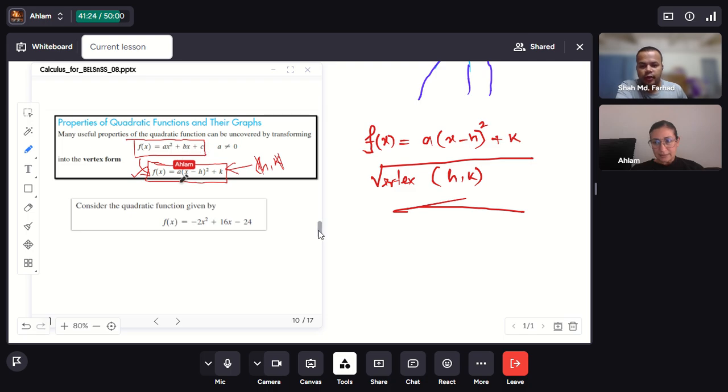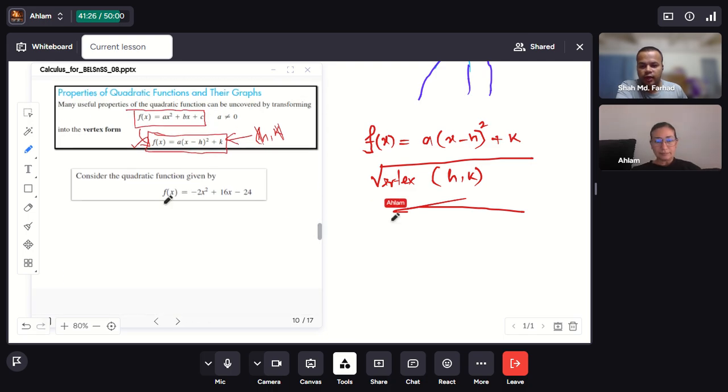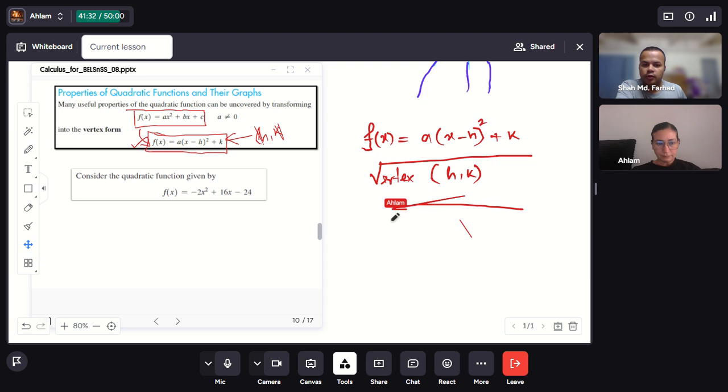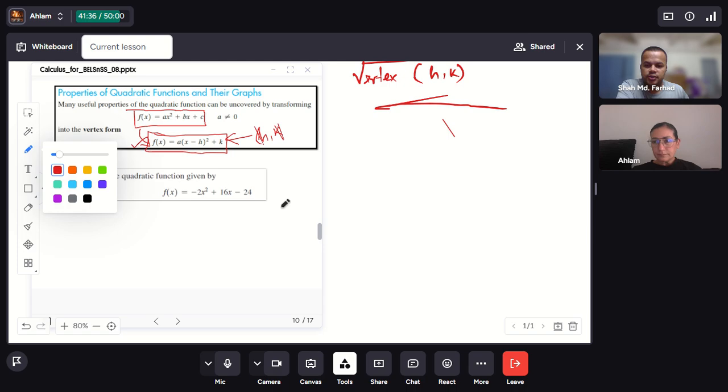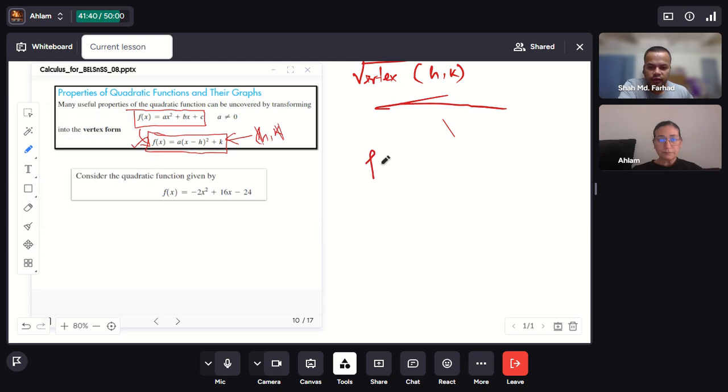Now you will find here, consider the quadratic function given by. If we calculate this one, then I think it will be clear to you. We are given f of x equals negative 2x squared plus 16x minus 24. Okay.